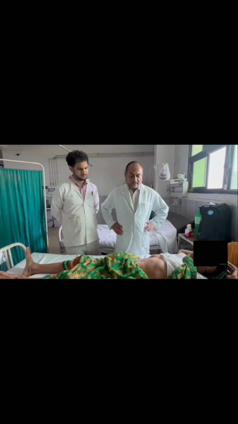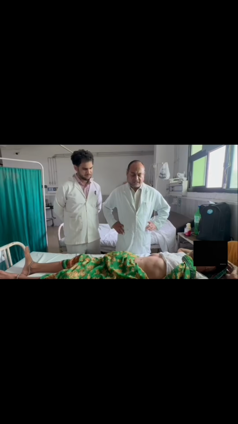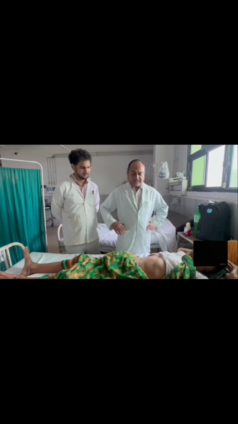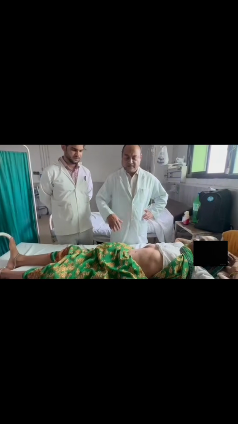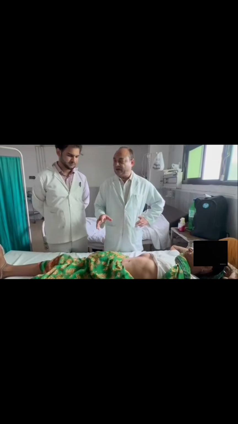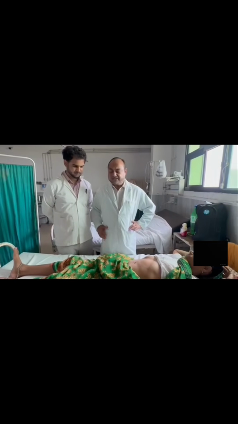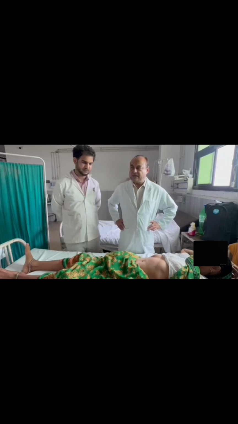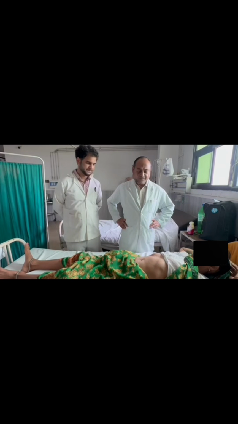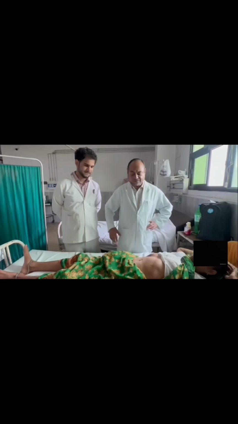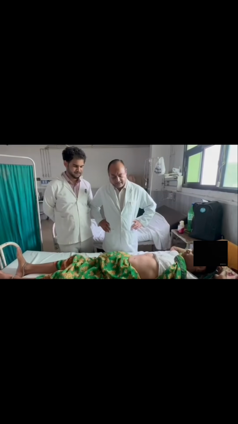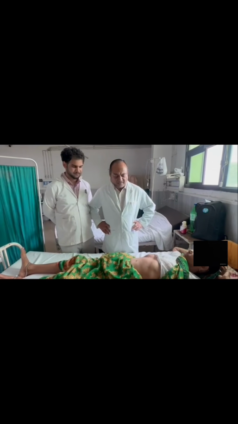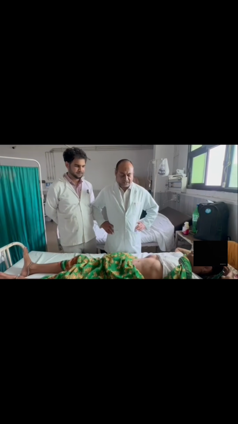So first of all, on inspection you can see that the umbilicus is central and the abdomen is scaphoid, except for some bulge in the epigastric region or slightly on the left hypochondrium also. And there is a scar of previous surgery on the right side, which was cholecystectomy, done about 4 years back.